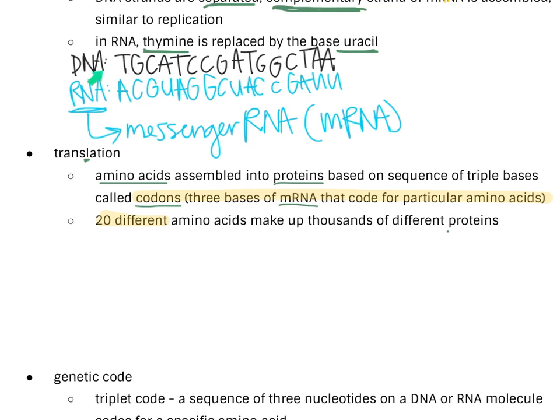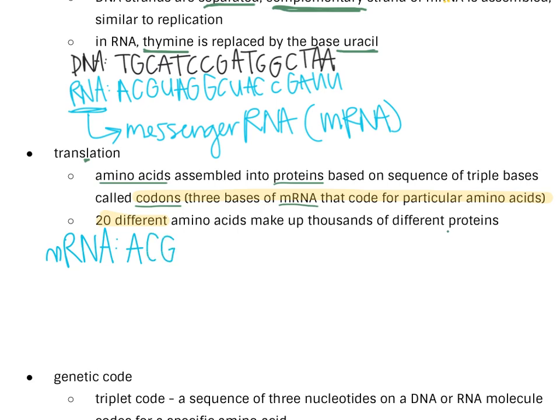Okay, so I'm going to model translation for you. Starting with our mRNA from up here, I'm just going to copy that down. I'll keep it the same color. So it's our mRNA, and it's A, C, but now, since we know that they code for in 3s, I'm going to separate them.